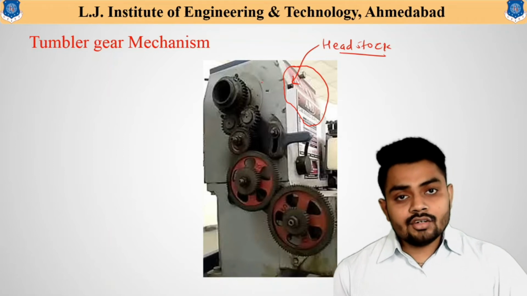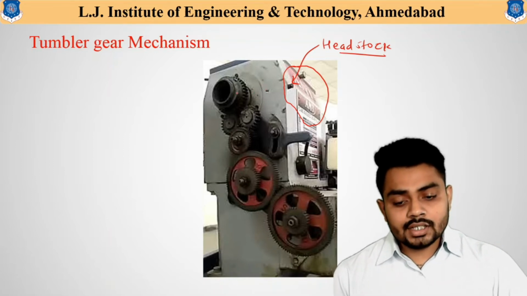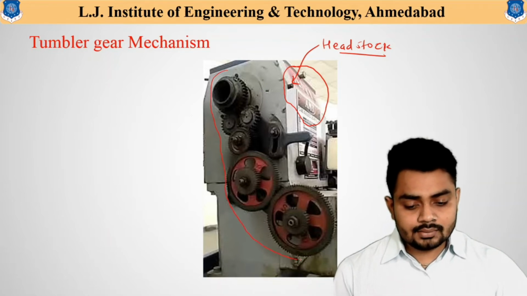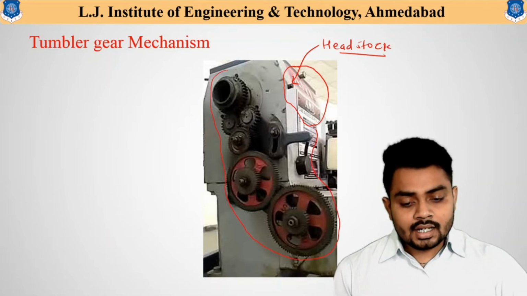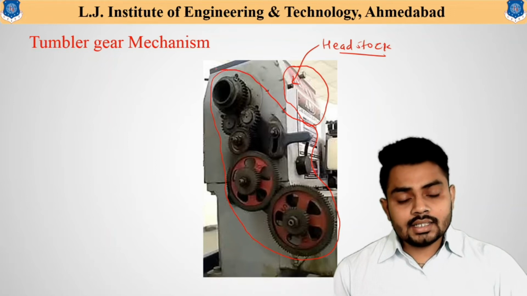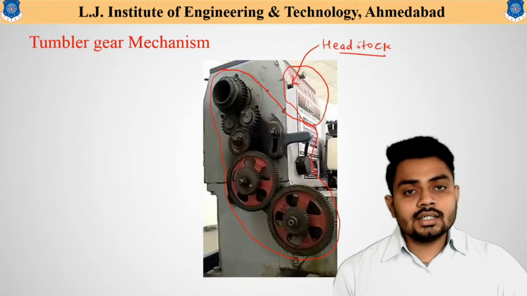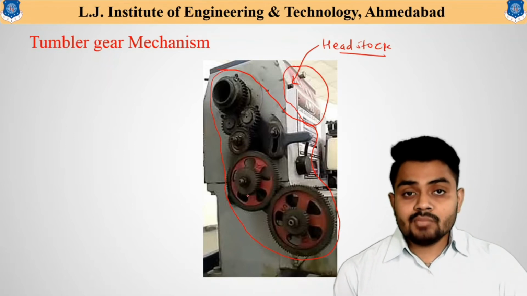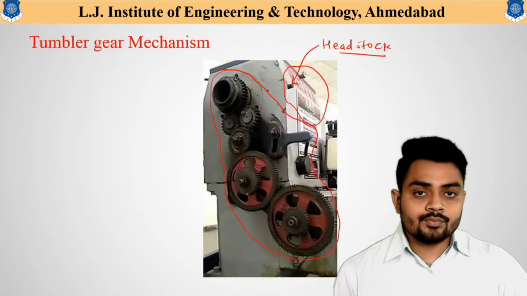At the end of the headstock, or behind that headstock, this entire gear assembly is available, and this gear assembly is nothing but the tumbler gear mechanism. So this tumbler gear mechanism is available at the back end of the headstock.